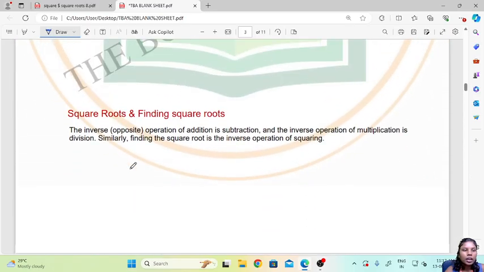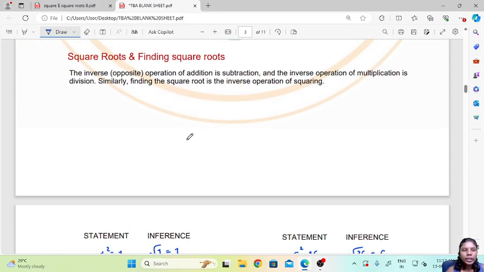Now square roots and finding square roots. Now if a square is given to us and the area of that square is given, say it is 144. So now if area is given and you are asked to find the side of it, the area of a square is given by side square.